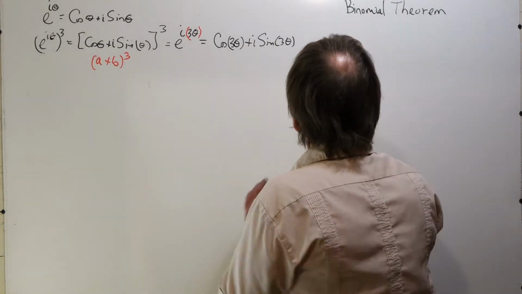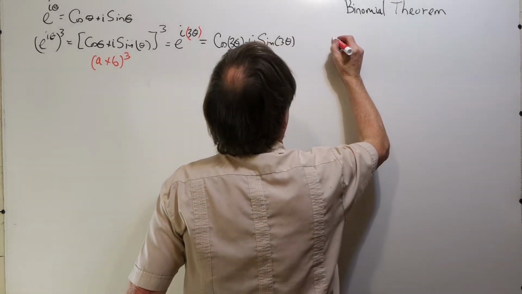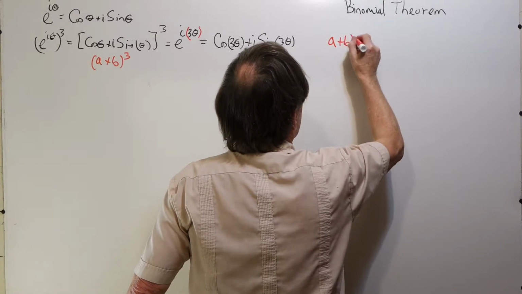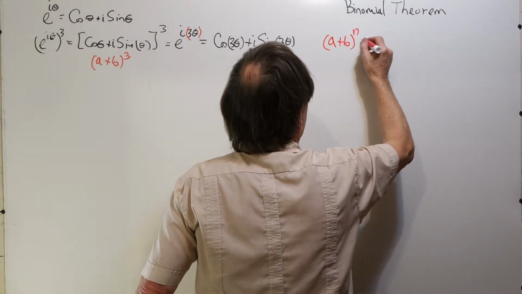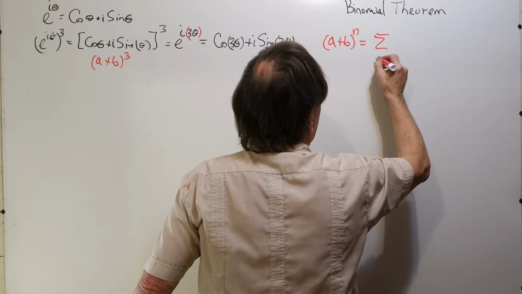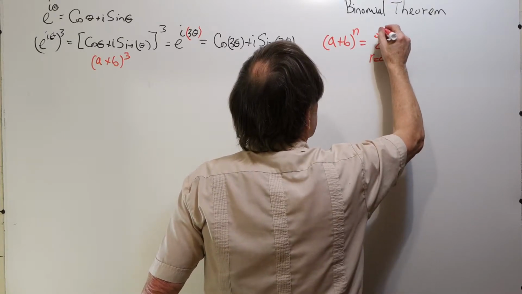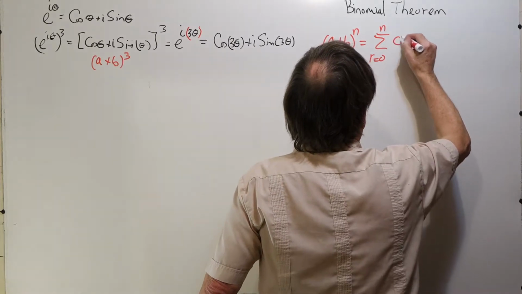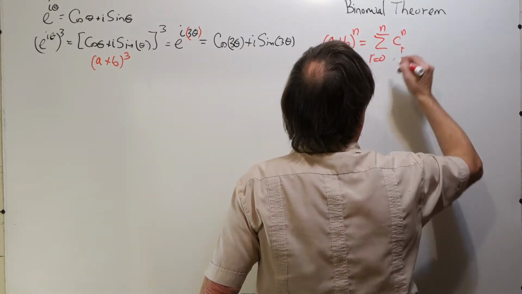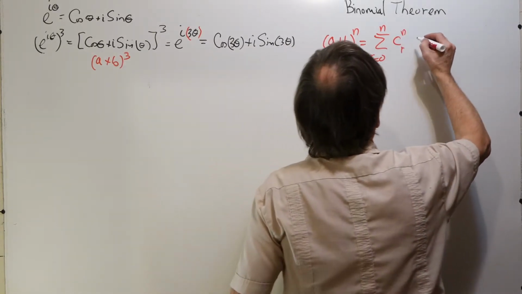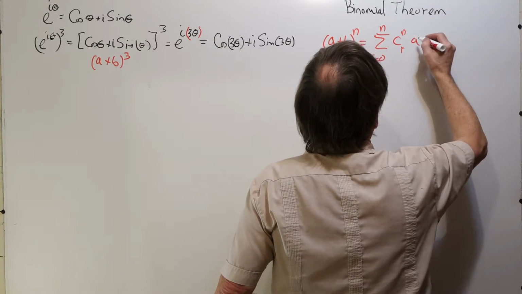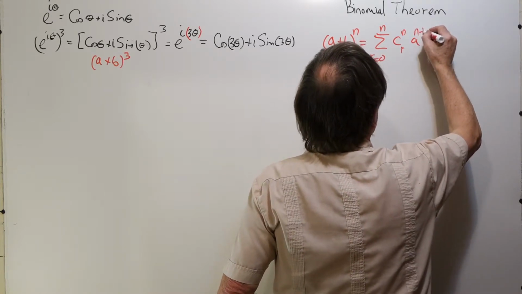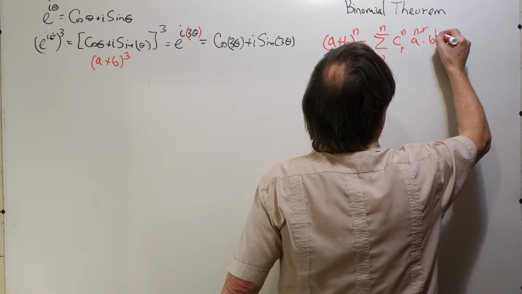So, in the binomial theorem, if we have (a plus b) raised to the n power, this is the sum where r goes from 0 to n of a combination that defines the coefficient, and it's a to the n minus r times b to the r.